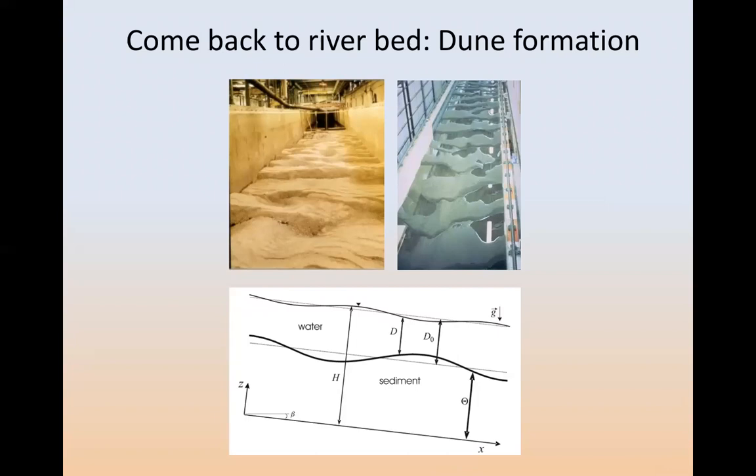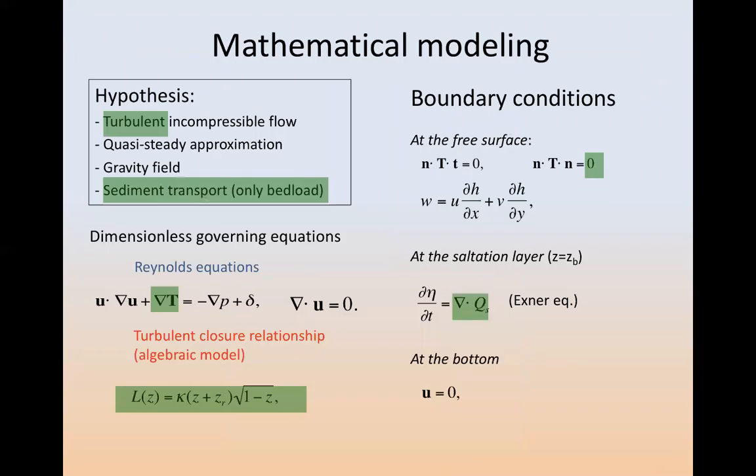So they are not long waves, but short waves because they scale with the depth. So we need an approach which takes into account the hydrodynamics of the water column, so not a shallow water approach. So again, the same approach.